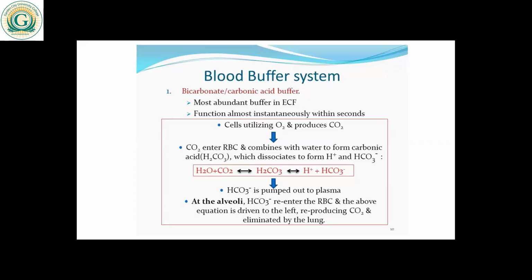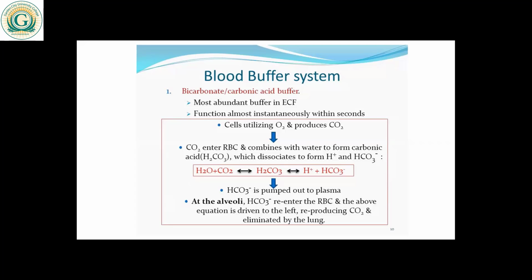So let's look at the blood buffer system. As I said, this system helps maintain the alkaline pH of the blood. And this pH needs to be maintained. You did it during homeostasis because that is the pH at which the cells function best. When the cells become acidic or more alkaline, it alters their function.